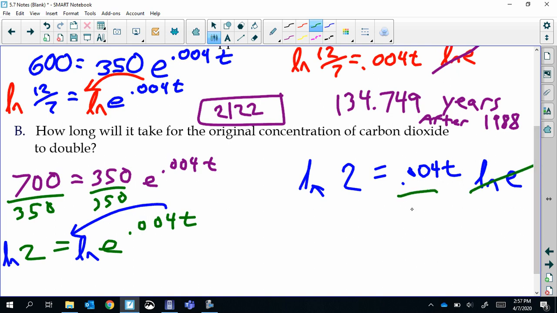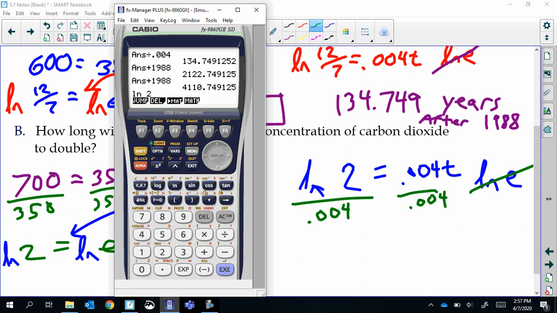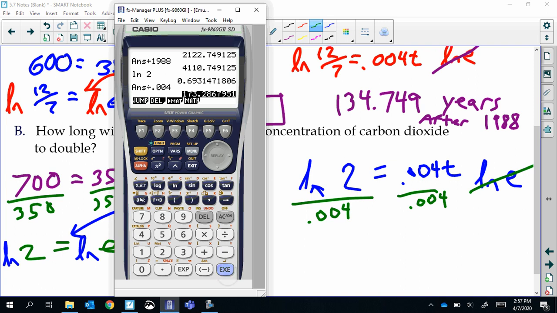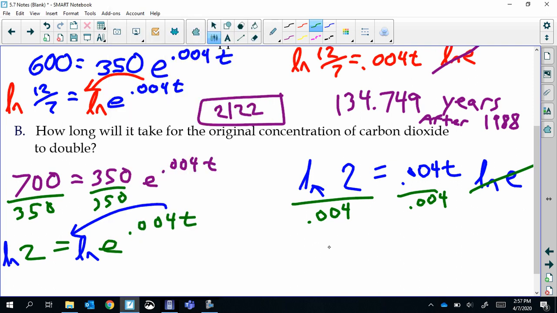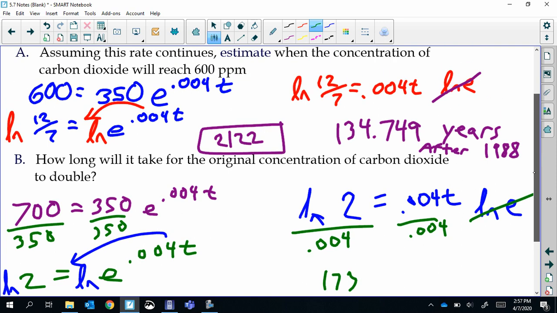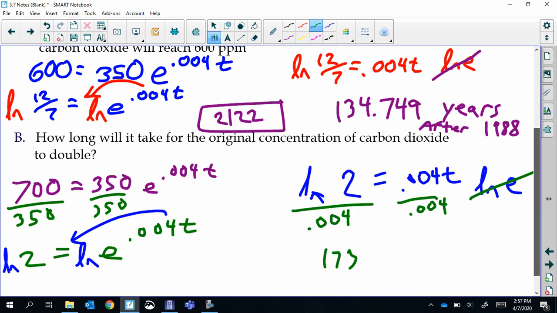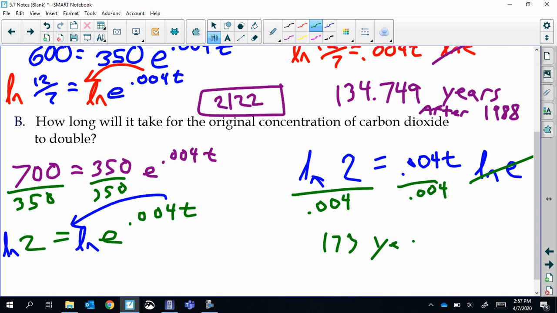And then we'll divide by 0.004. $173. So 173 years. How long will it take? That's how long it will take, 173 years. We don't need to put it as to what year it will be, just that it will take 173.